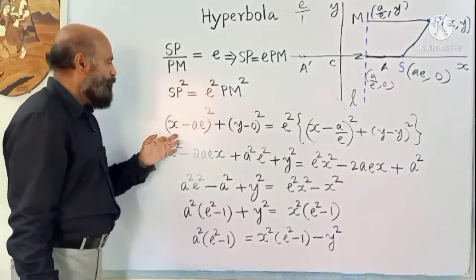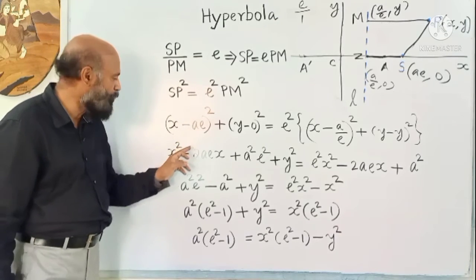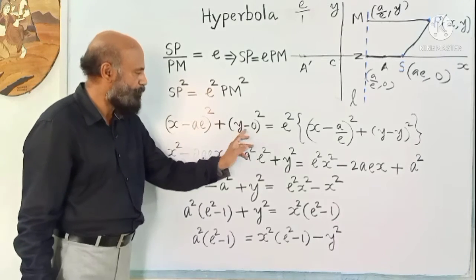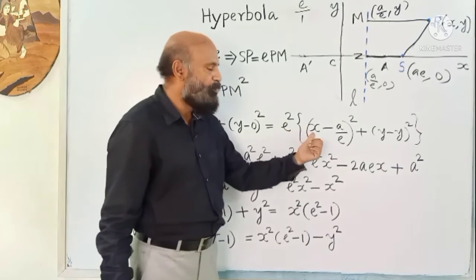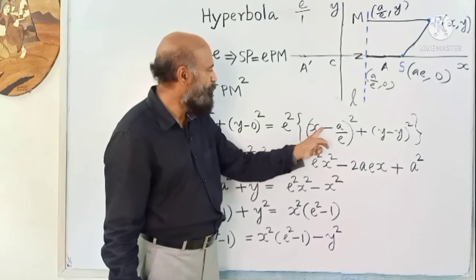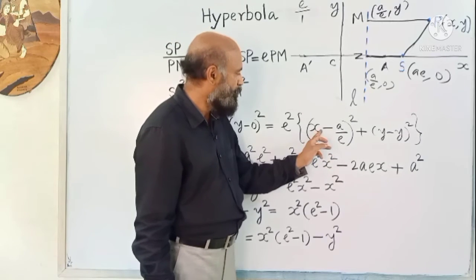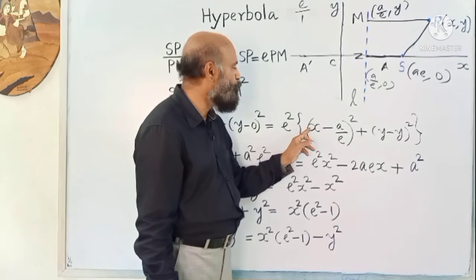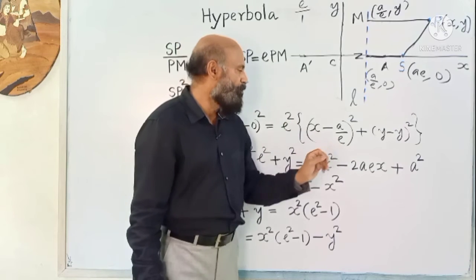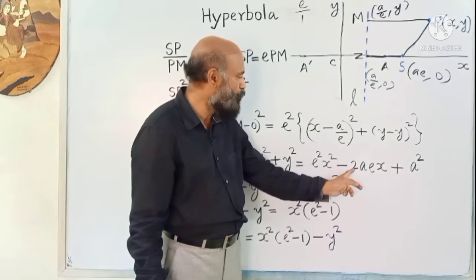Now remove the bracket: x minus AE whole square is x square minus 2AEx plus A square E square, then y minus 0, so it is y square. Then when you square the right side and remove the bracket, you get the first term E square x square, then the next term minus 2A by E x, but E square is outside, so one E will get cancelled and it will be minus 2AEx.